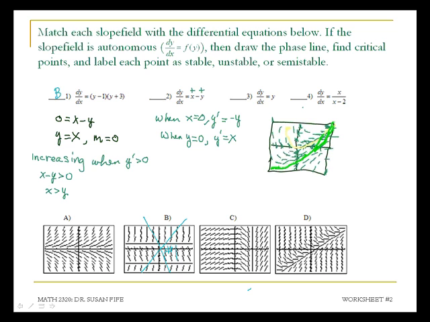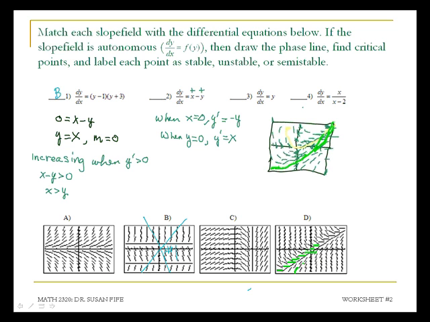Okay, so the defining points of this graph are those horizontal line segments along the line x equals y. And we can easily determine that to be graph D. Here we have our horizontal line segments along x equals y. Notice that when x is greater than y, the graph is increasing.